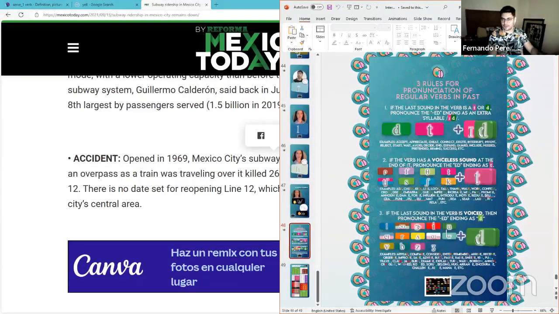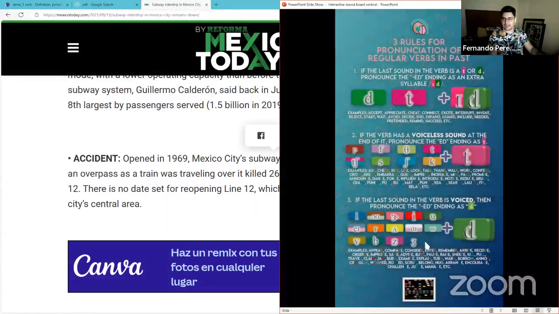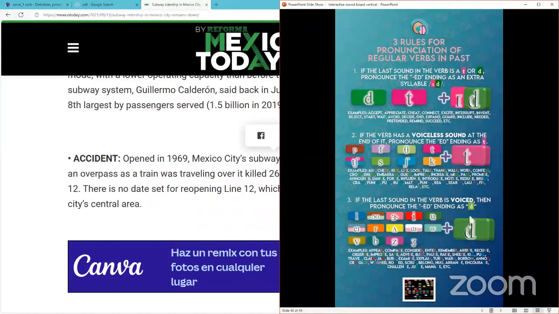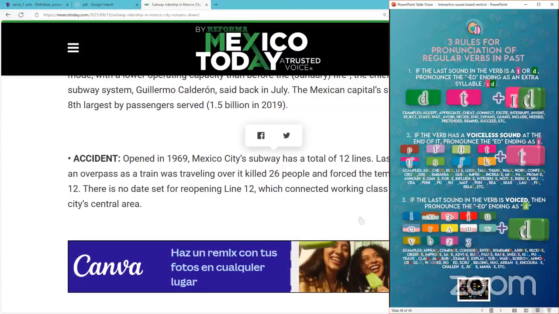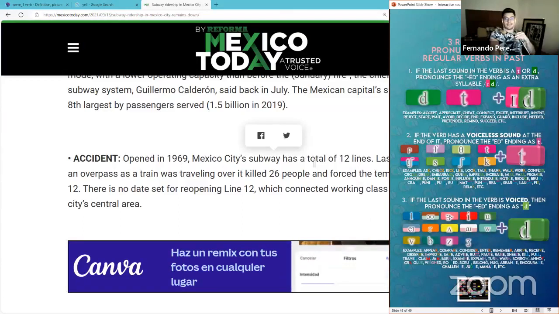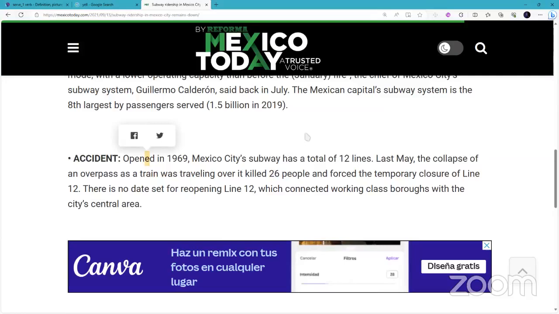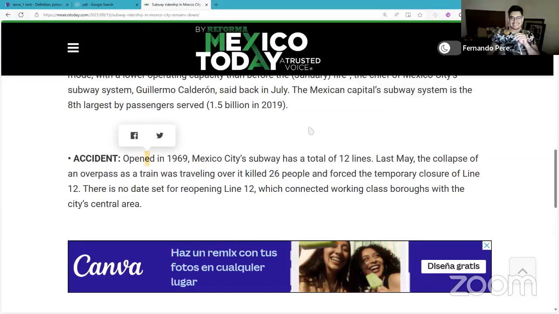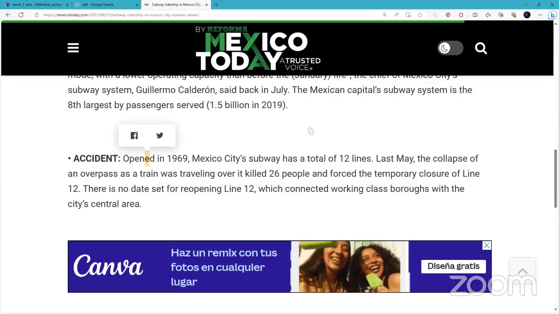Here we go. When the last sound is an N, the E doesn't sound. Okay. Opened. Perfect.